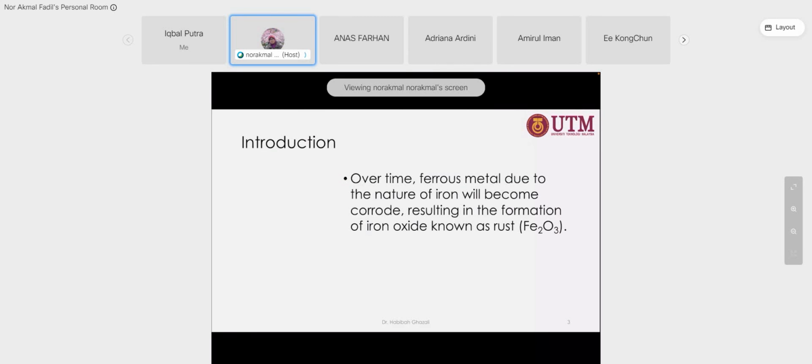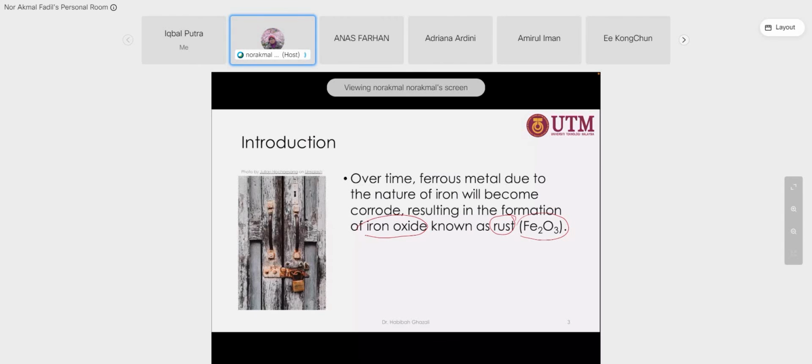As an introduction, over time, ferrous metal, due to the nature of iron, will corrode, resulting in the formation of iron oxide, known as rust. This one I have explained just now. So the iron combined with oxygen, you will see it in the form of an orange-like surface.